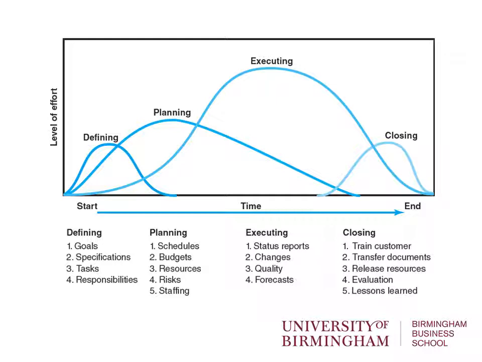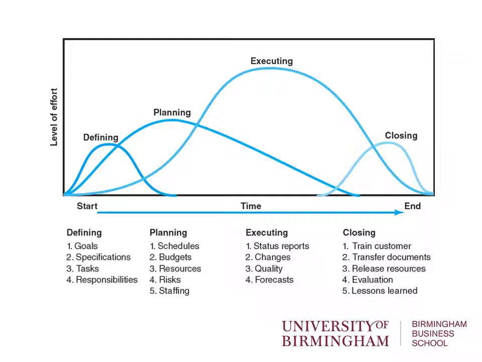Okay, so in the defining stage, what we're doing is thinking about the goals of the project, the objectives, starting to put together some sense of the specifications, the key aspects which need to be delivered. Think maybe about some of the tasks which need to be achieved in order to deliver the project, and also who might be responsible for different parts of the project, what organisations, what functions within organisations, and maybe individuals.